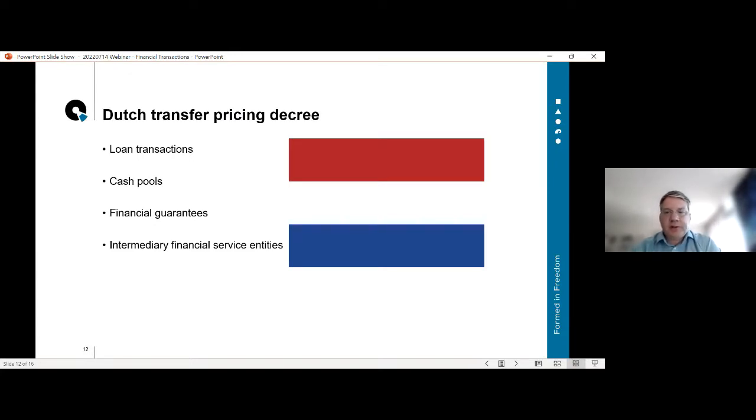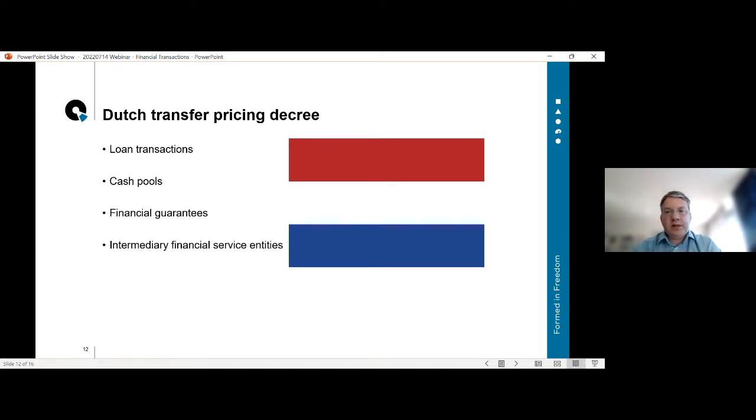As far as financial guarantees are concerned, the guidance provided in the new decree is largely in line with the guidance provided in the 2018 decree. So not many surprises there. The Ministry of Finance recognizes that the yield approach can be applied in assessing the arm's length remuneration of an explicit guarantee.